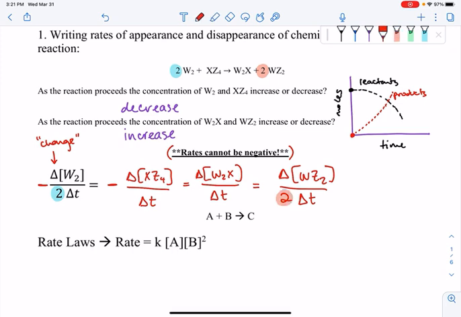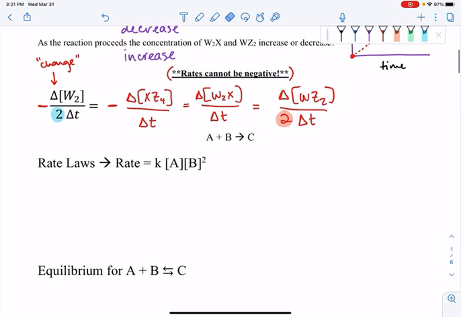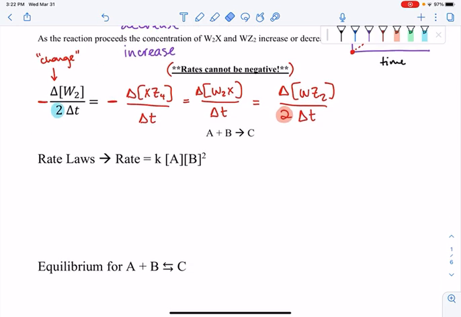So these are considered instantaneous rates. Or maybe these aren't instantaneous rates. Maybe we shouldn't get into that distinction just yet. But basically, it describes the relationship between the rates of appearance or disappearance between chemicals in a reaction, okay? More generally in this unit, though, we don't work with these types of rate definitions.